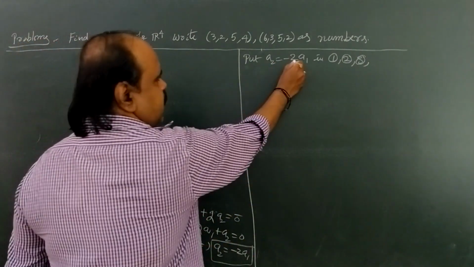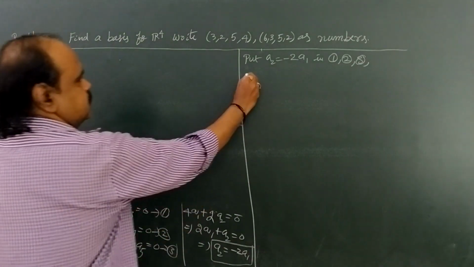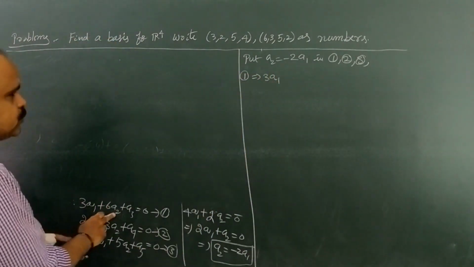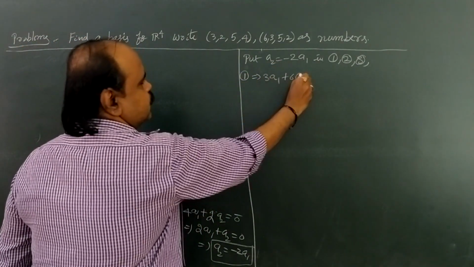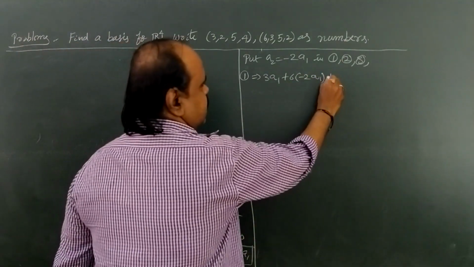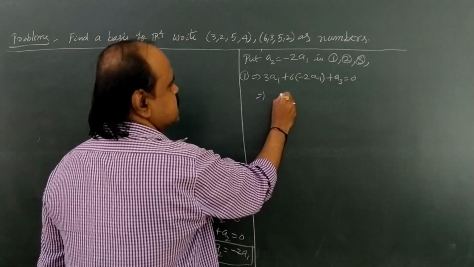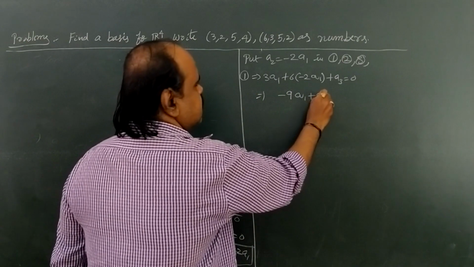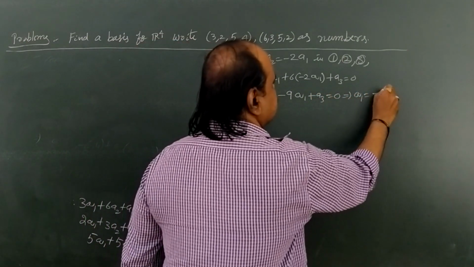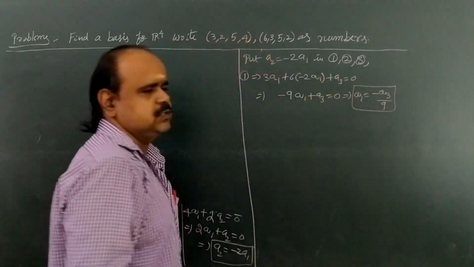So a2 equal to minus 2a1 in the three equations. From the first equation we have 3a1 plus 6a2 plus a3 equal to 0, and with a2 equal to minus 2a1, that implies 3a1 minus 12a1, which is minus 9a1, plus a3 equal to 0. That means a1 equal to minus a3 by 9.